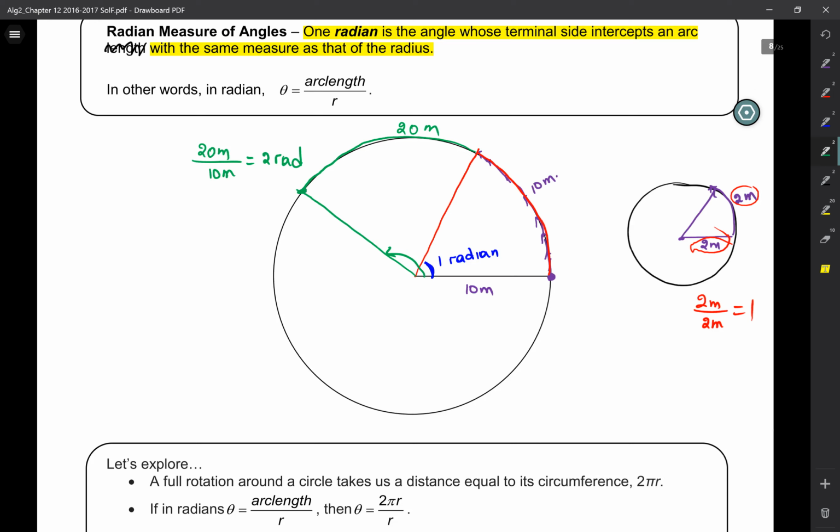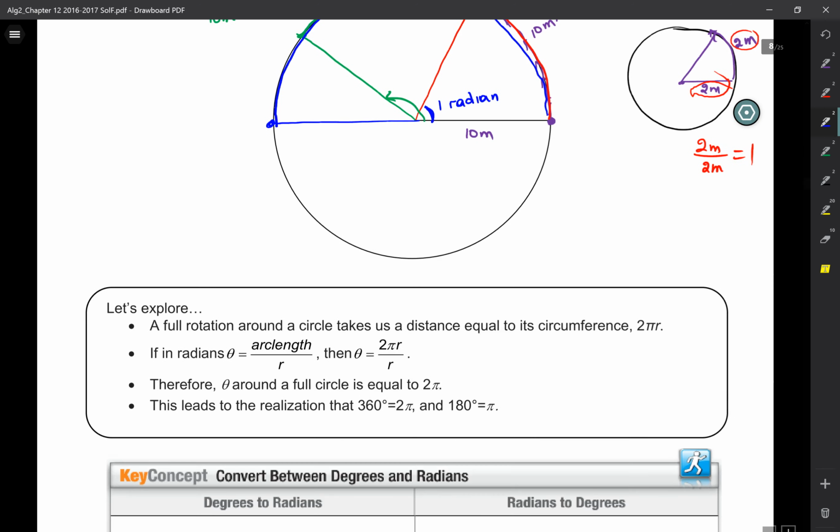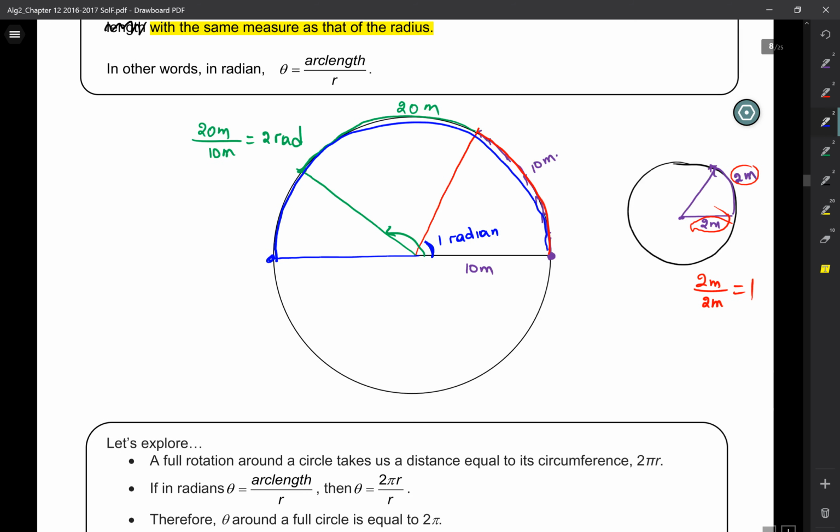In fact, if you walk to this part, if you walk that distance, and if you take the ratio of that over the radius, so let's call this L over 10 meters.